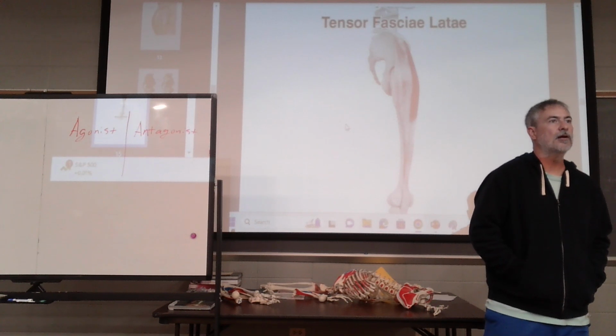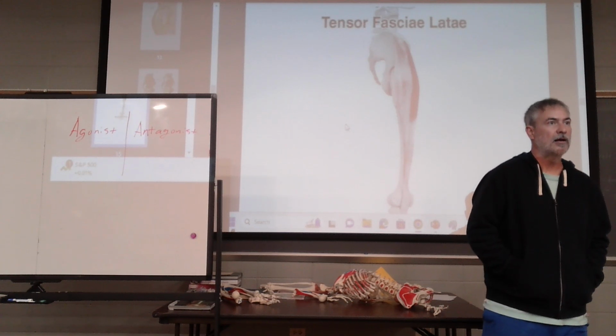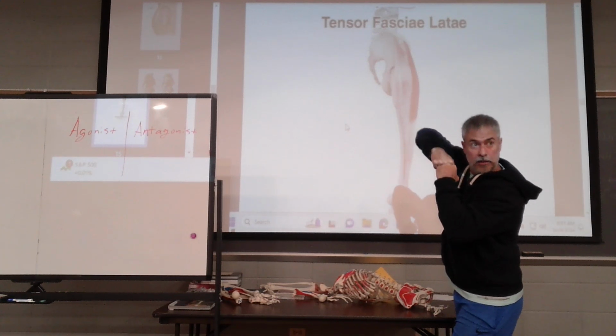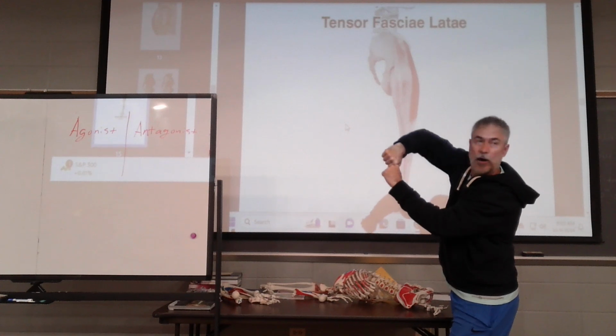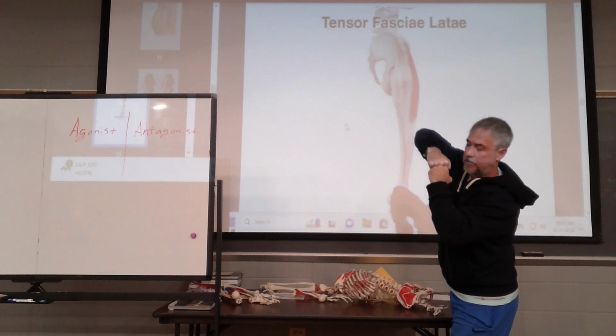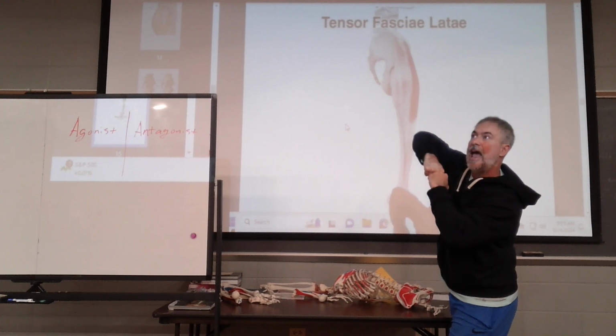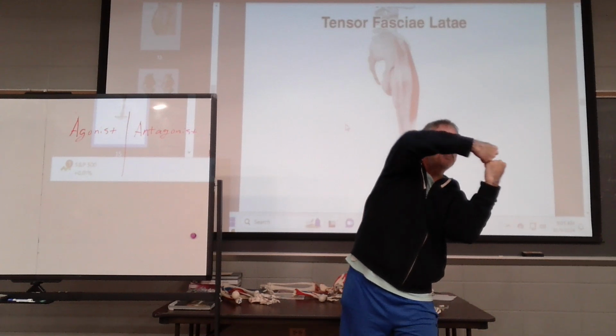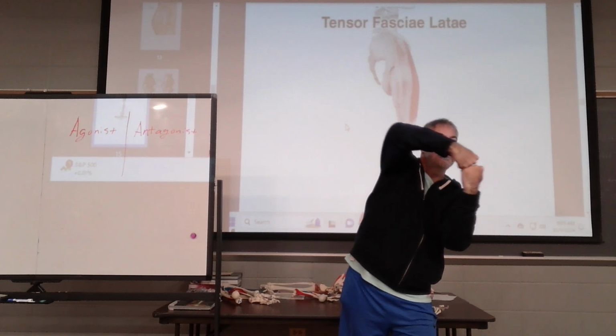It prevents, so this is my right knee, it prevents genu valgum. Don't pay attention to this going out. Pay attention to the adduction of the knee. Valgus would be abduction of the knee.